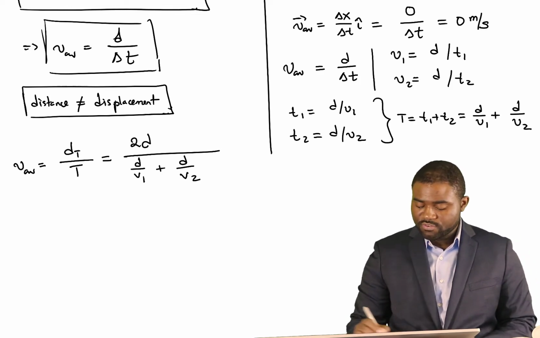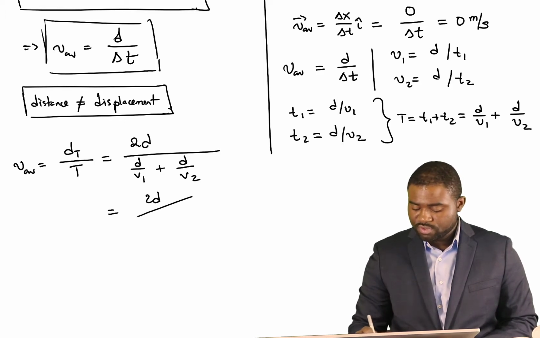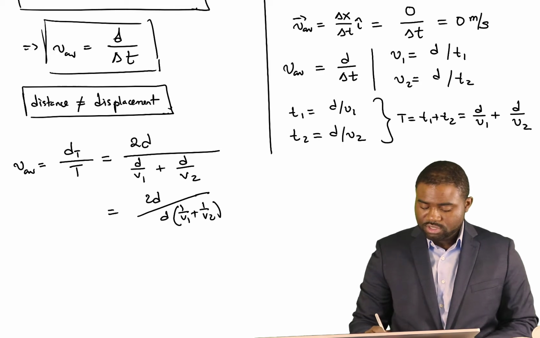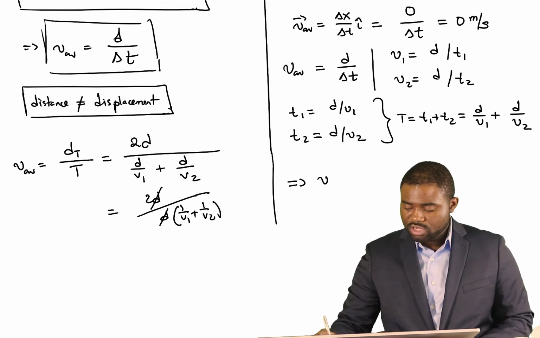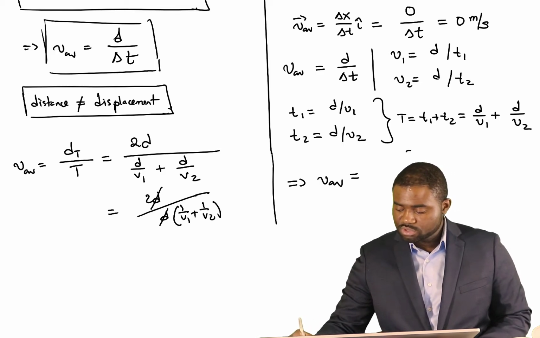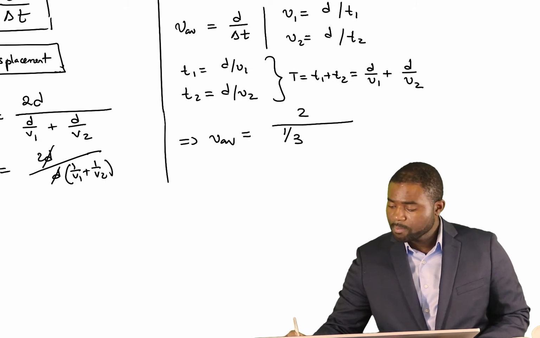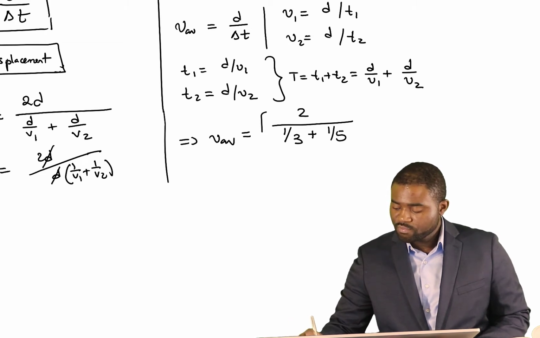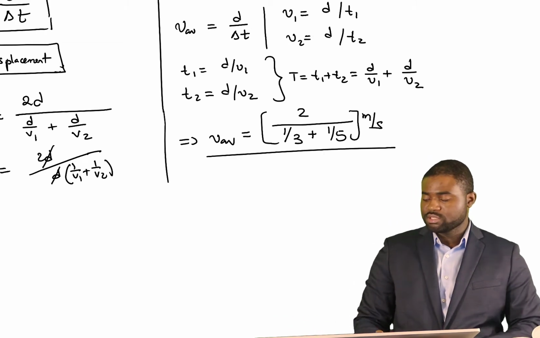We can simplify this to be equal to 2D divided by D bracket 1 over V1 plus 1 over V2. This D can cancel off with this D, and this would mean that V average is equal to 2 divided by 1 over 3 plus 1 over 5 meters per second. You can simplify this and you get your answer.